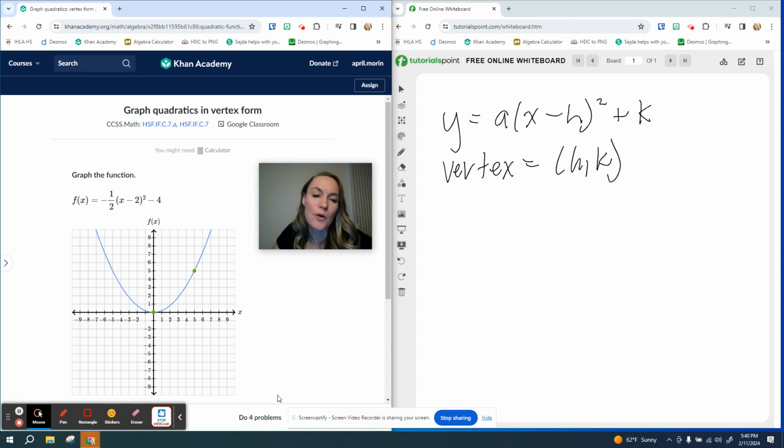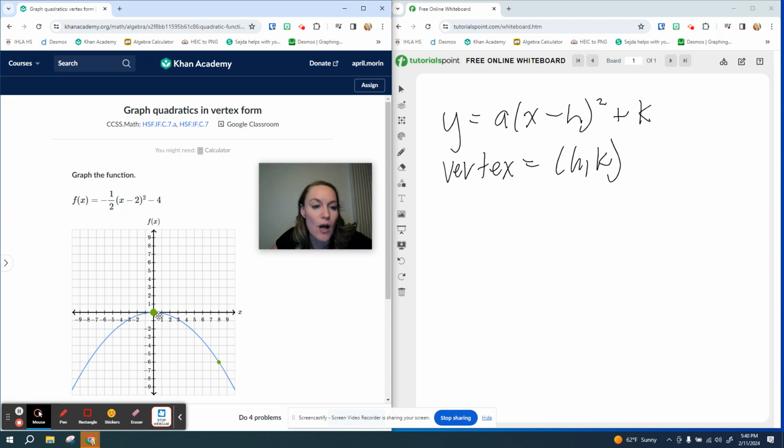Okay, so when we're doing these problems, we have to notice first if the function is negative, which means we know that this parabola is going to point downward. So if it's negative, then we can't use our previous way of finding the zeros.